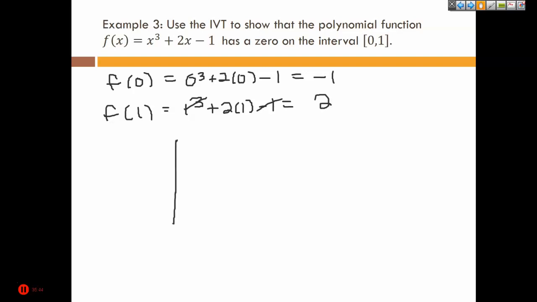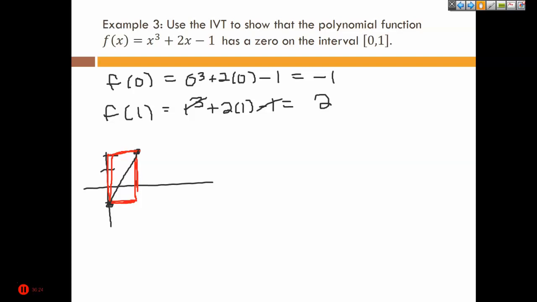So what we know is that polynomials are continuous. That is a part of being a polynomial. So at 0, you're at negative 1, and at 1, you're at 2. So we know that all values in that range must exist, because from a to b, we have a line. That means everything exists. So it says use IVT to show that, so we have to show f of 0 and f of 1.